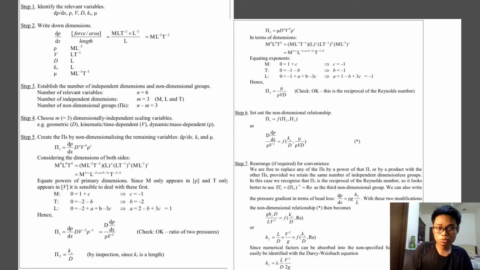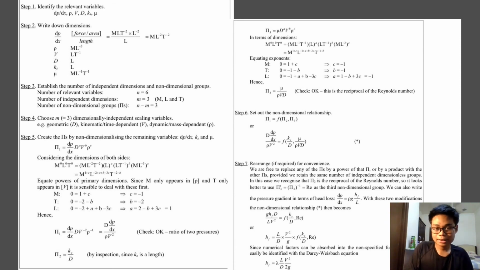But for pi 1 and pi 3, we need to put a, b, c, and we assume that the pi is 1, the SI unit. That means we have M to the power of 0, L to the power of 0, T to the power of 0. So now we only need to solve for a, b, c in each of these, and then we will know the power of each dimension.